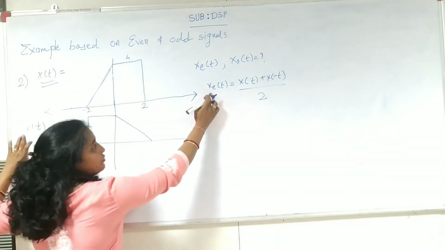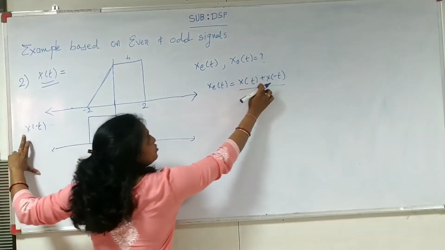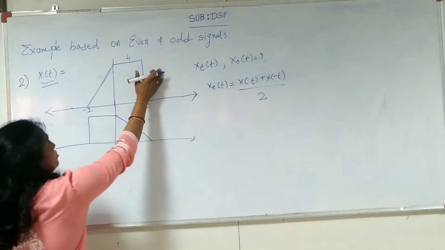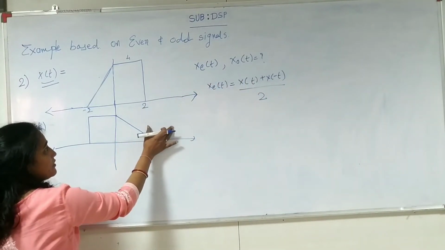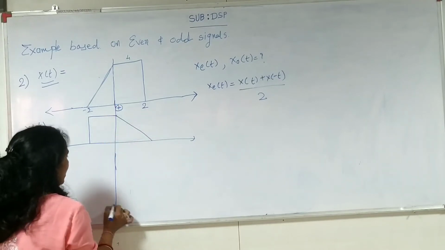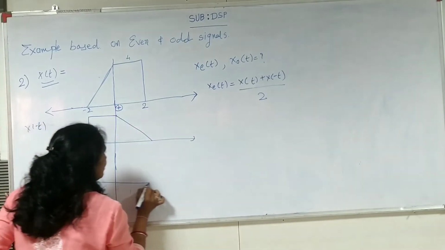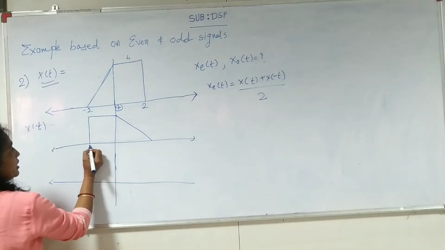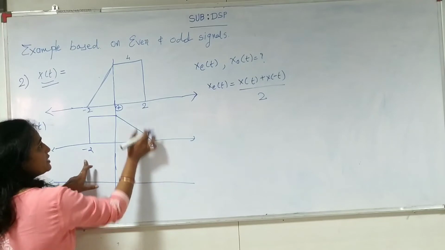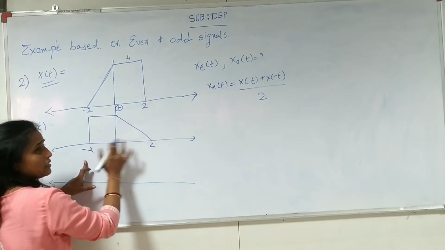And to find the even component, add these two signals, the original signal plus x of minus t. This is the original signal and this one is the time reversal signal. To add these signals, we have to find the value at each and every time. As we know, this time axis always remains the same whenever we are flipping the signal.